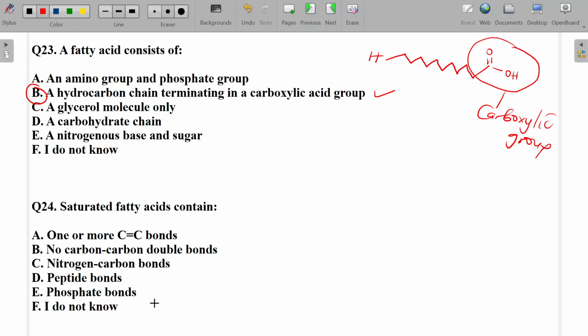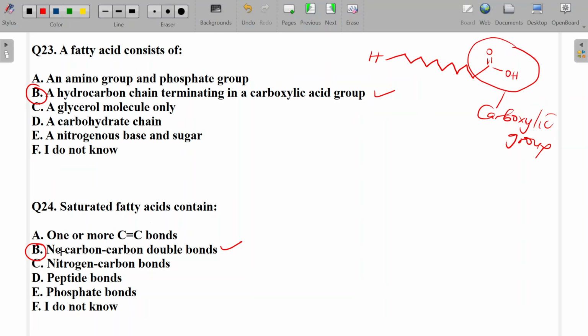Anyone? Let's be quick. B. So this one no. A no. B. So I would go with B. Why would I go with B? Because for A it's saying one or more carbon to carbon double bonds. It doesn't have that.